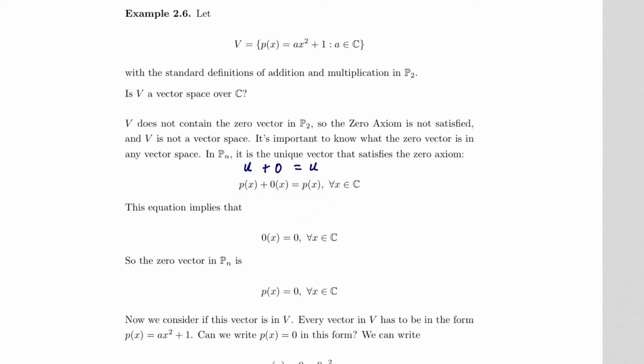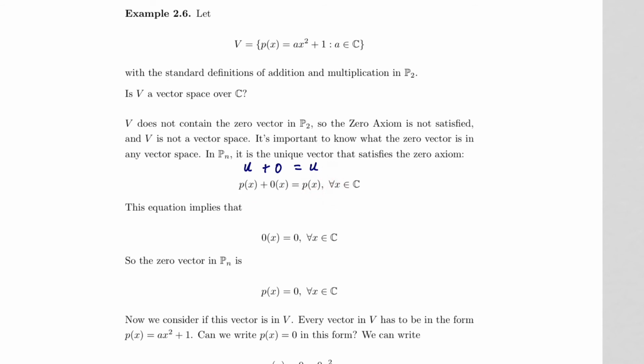And notice this is really important: for all x in C, and x is the variable here. So a polynomial is really a function that's got this input x, and p of x is the output. These are the outputs we're talking about, and this equation has to hold for every possible input.